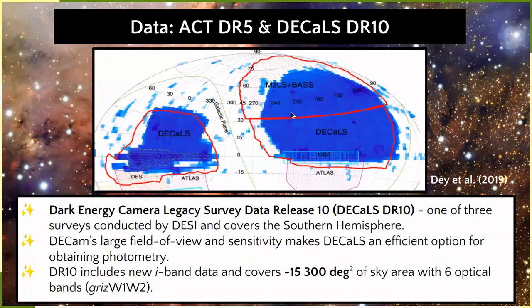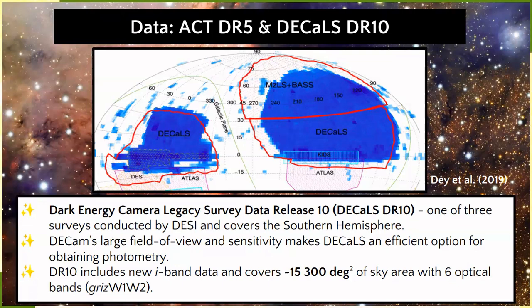So in order to examine the cluster sample, we make use of the optical data from the 10th data release of the Dark Energy Camera Legacy Survey, or DECaLS DR10. And DECaLS makes use of the Dark Energy Camera, or DECam. And DECam is located on the Blanco 4-meter telescope at the Cerro Tololo Inter-American Observatory, or CTIO.